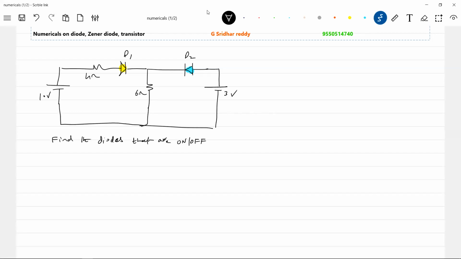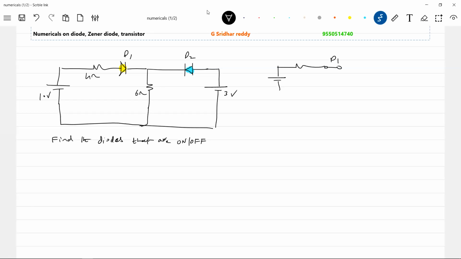Okay, now what to do here? Let's assume that both the diodes are forward biased and we'll check the current through the diode.